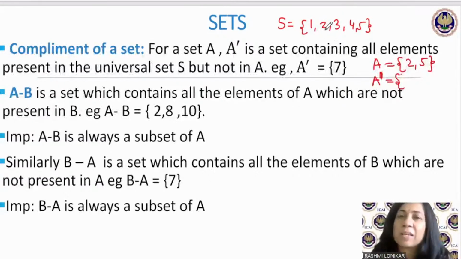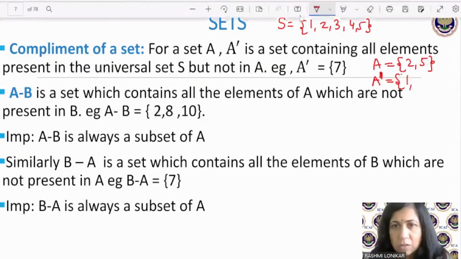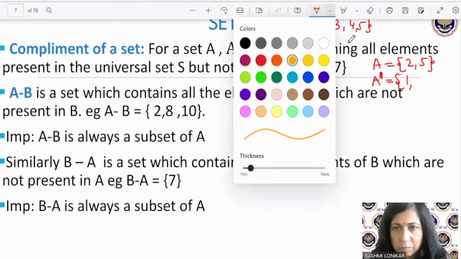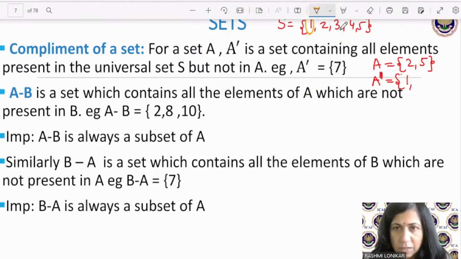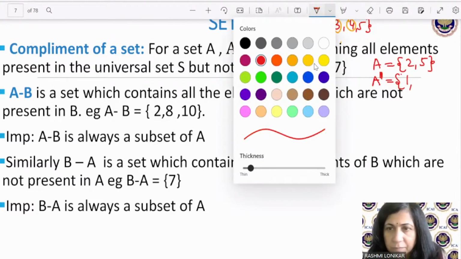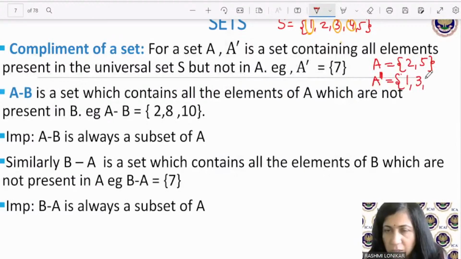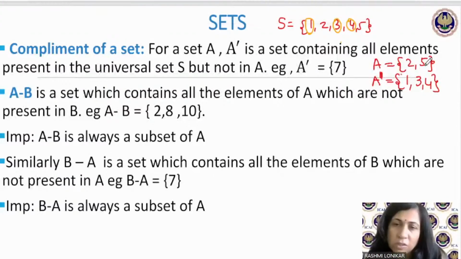All the elements in the universal set which are not present in A. So 1 is not present in A, 2 is present, 3 is not present, 4 is not present. So I will write this as 1, 3 and 4. So A is given; then how do I find A complement? All the elements in the universal set which are not present in A.